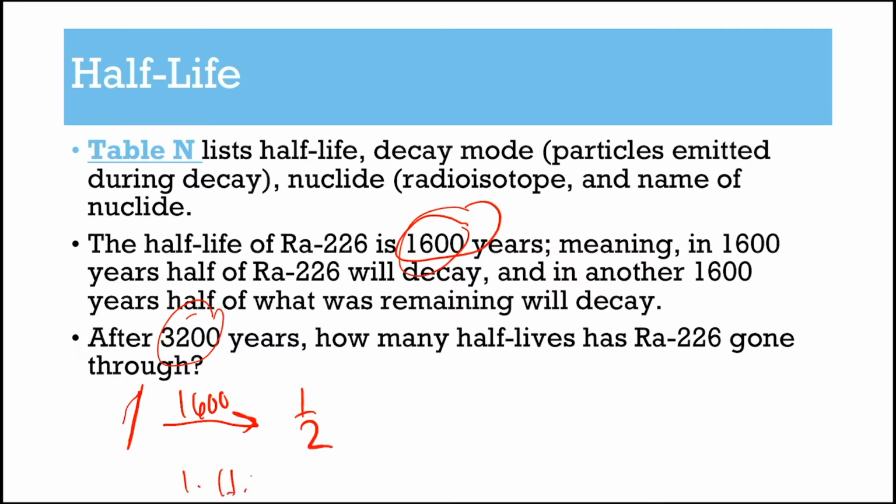This represents 1 half-life. After another 1,600 years, you're left with a quarter of that original material, and another half-life happened. So now, in total, 2 half-lives have occurred. And we're going to go over all this in a lot more detail.